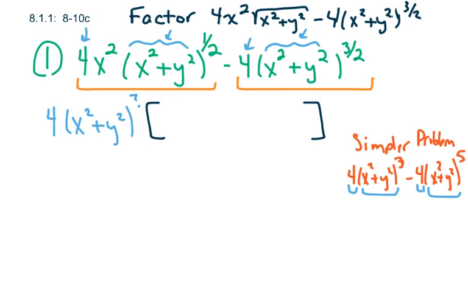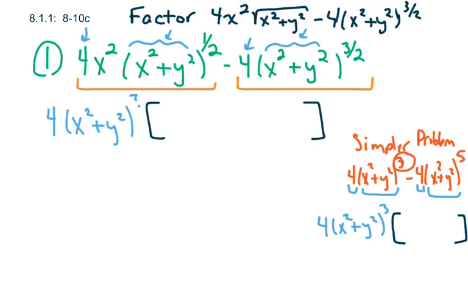So I'm going to factor out both the 4 and the x squared plus y squared. So when I do that, what power of x squared plus y squared can I actually factor out? Well, you should pretty easily be able to say, I'm going to go with the third power because that's the smallest. You're always going to factor out the smallest power they both have in common. So that would make 4 times x squared plus y squared to the third my GCF.